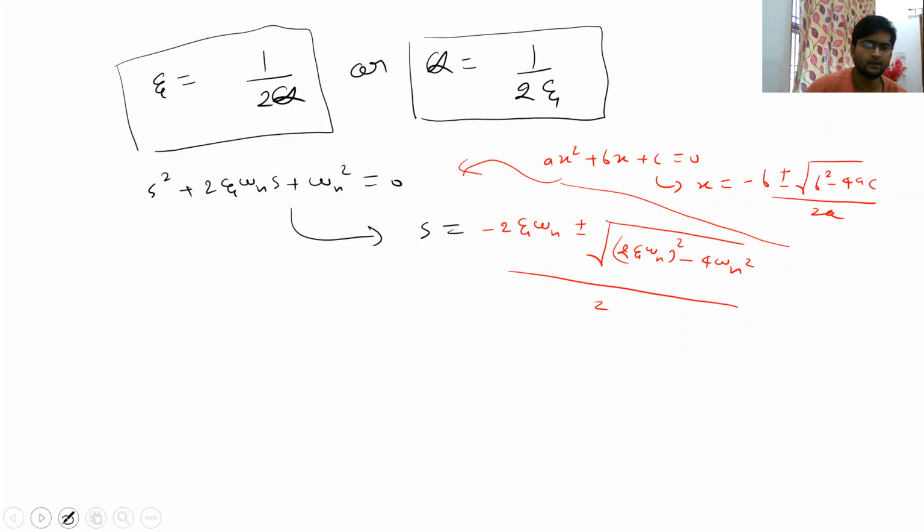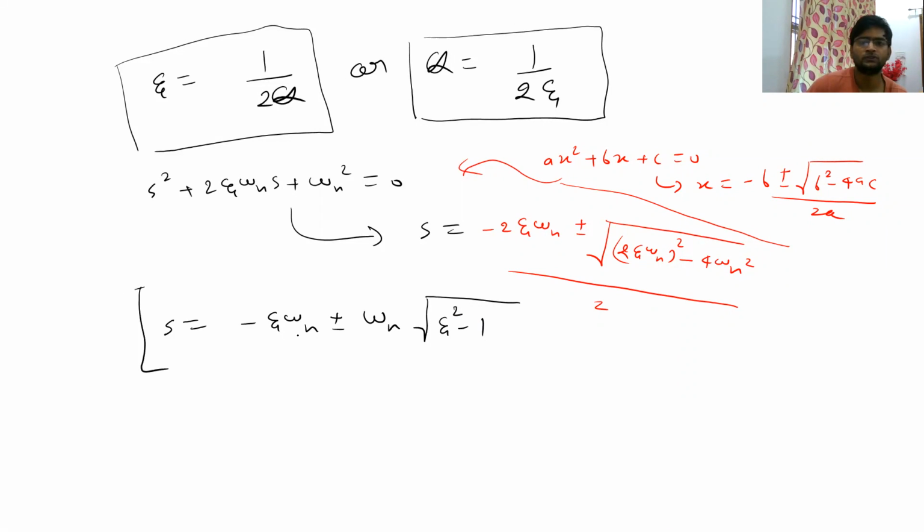So we can simply write it as S is equal to minus zeta omega n plus minus omega n, taken as common, under root zeta square minus 1. So this is very important. As you can see, this zeta term has come inside the root.